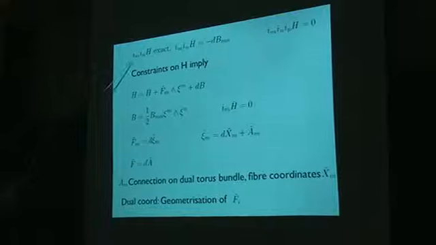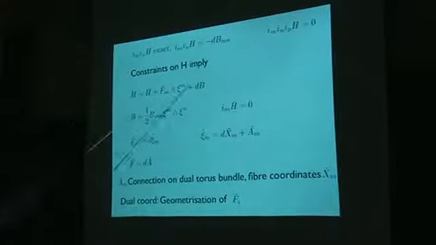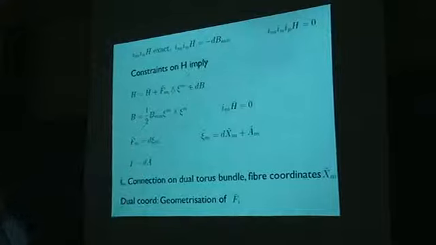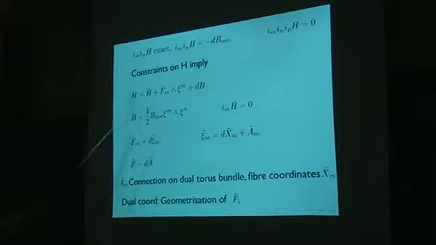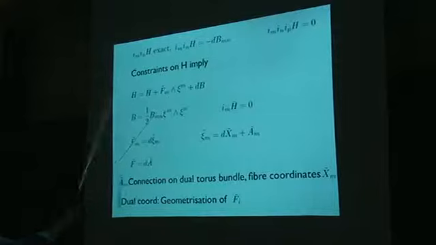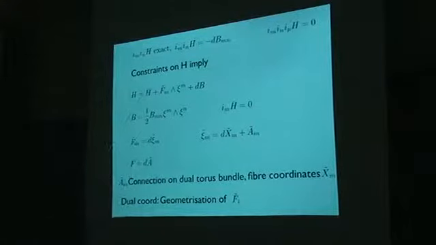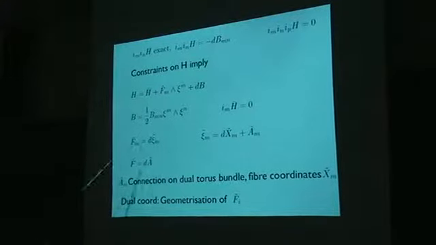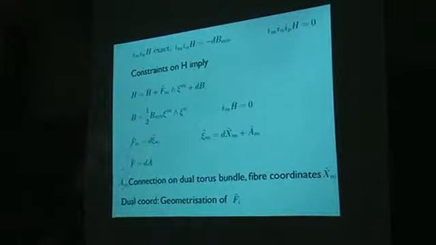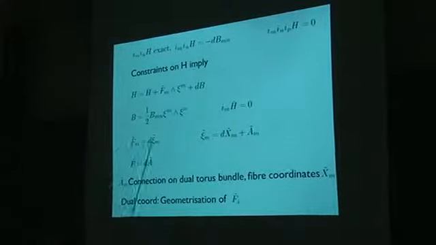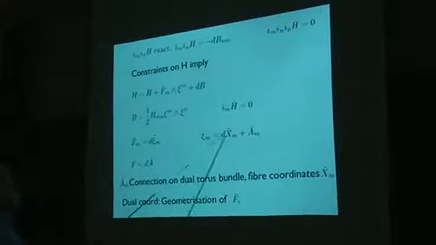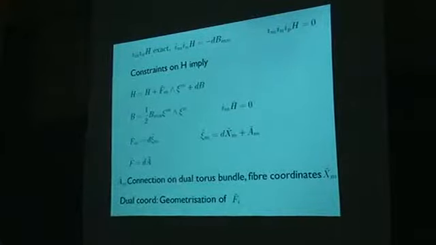And the constraints on H then imply that there are some globally defined functions, B_mn, such that H can be written in this form, where this F tilde is defined from one contraction of H with a Killing vector, and gives rise to something which is closed. So this psi tilde is typically of the form like this, where x tilde were the extra coordinates.